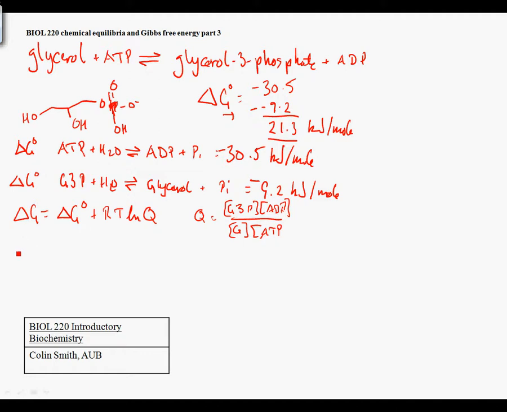So let's set this up. Delta G at equilibrium is equal to 0.